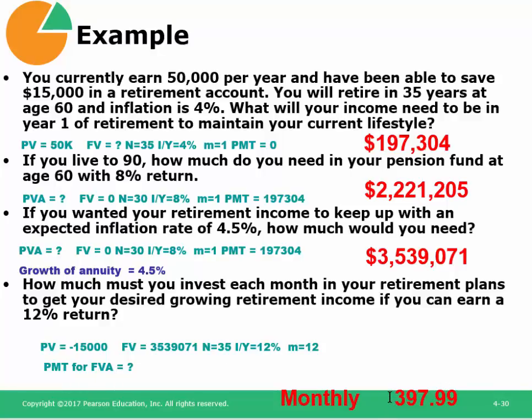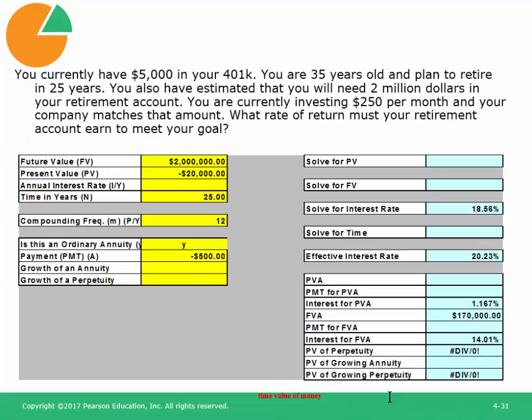You need to receive $397.99 to get you your retirement income. What I suggest you do is maybe plug in your same numbers. I believe I asked you to do this in an example, but I think it's good to look at from an investment perspective.